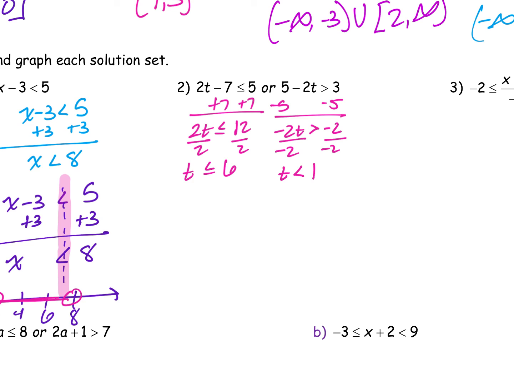Okay, so when I'm graphing it, 0, 2, 4, 6, less than or equal to 6, just this way, less than 1, which is also this way. So that's the graph. I don't have to write it in interval notation, so I'm done. Questions?